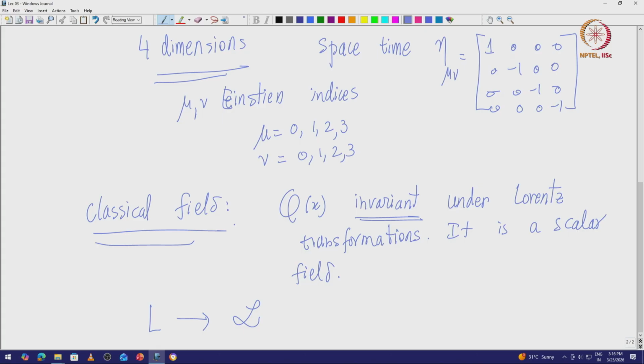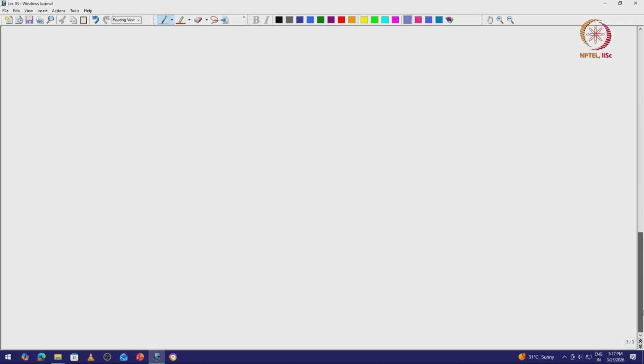From the Lagrangian, which is a function of q, q dot and t, this becomes a Lagrangian density of phi and del mu phi. Because space and time indices are the same, you cannot use phi dot, you have to use del mu phi. So, why do we need a Lagrangian density? Because our action should be invariant under Lorentz transformation.